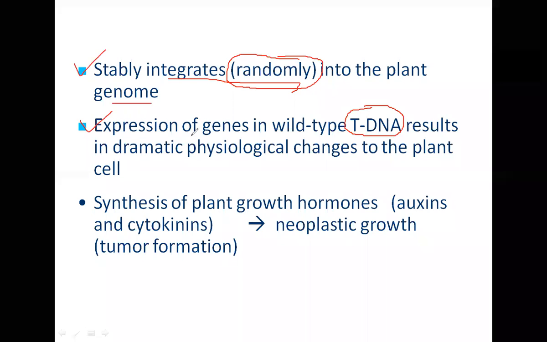So expression of genes in tDNA results in dramatic physiological changes in the plant cell. What is meant by this dramatic physiological change? Since you have too much concentration of these plant hormones in that localized area, that results in uncontrolled growth of the plant tissue, leading to formation of crown gall, what is called a tumor.